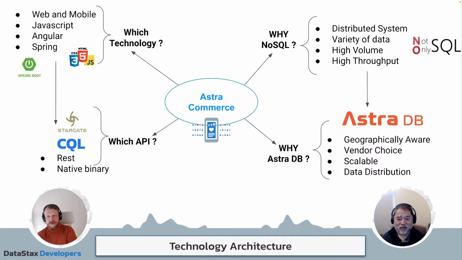Why do we go with NoSQL? Because, as a successful e-commerce company, let's imagine we all work in the same successful e-commerce company, we have customers all around the world, and we want our application to be fast for them. So we need a distributed system with database data centers in each continent.